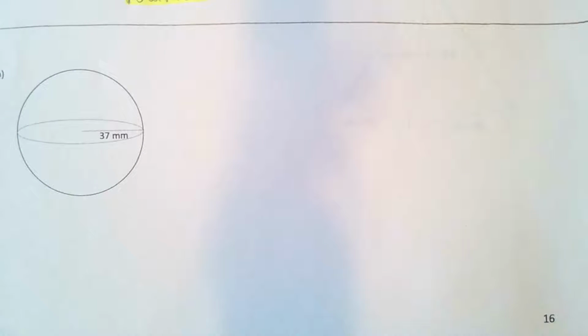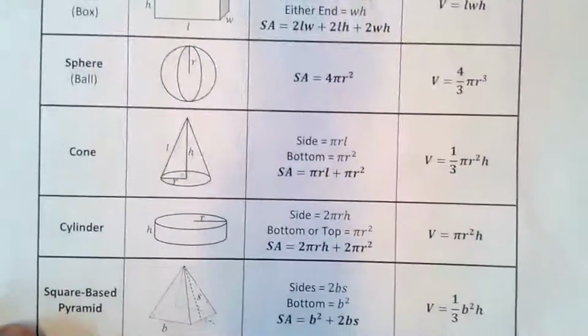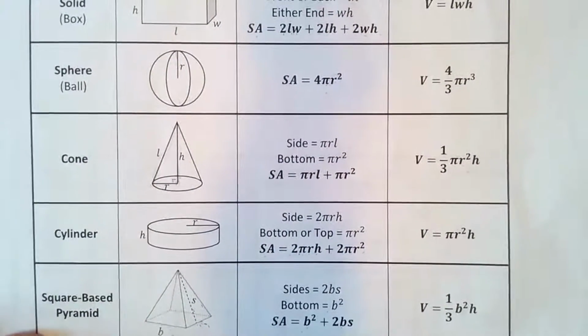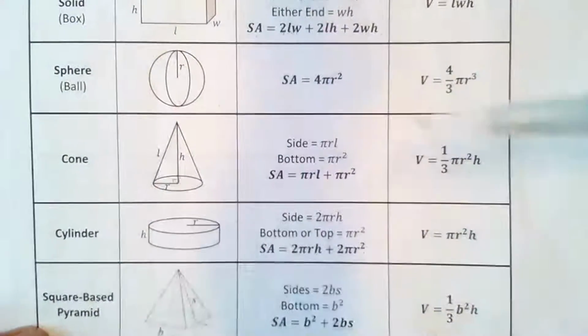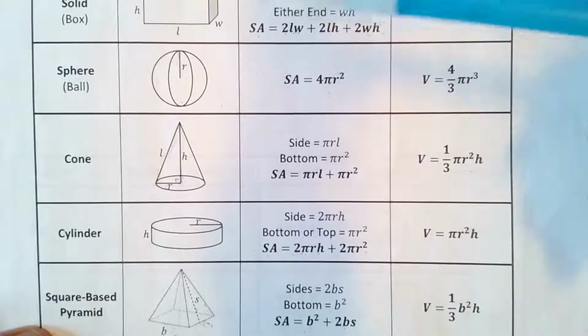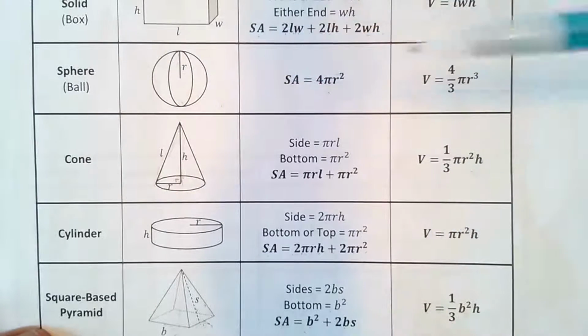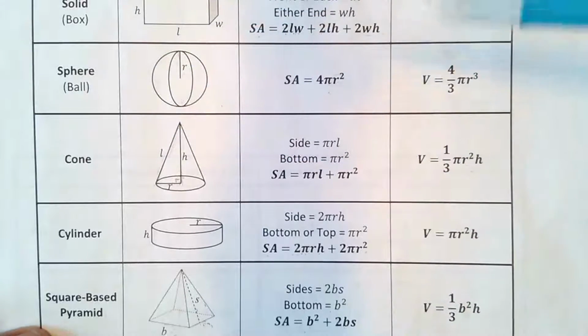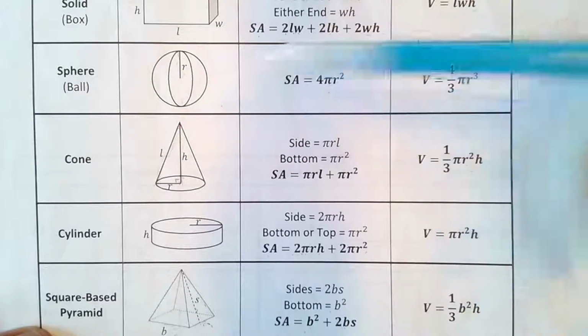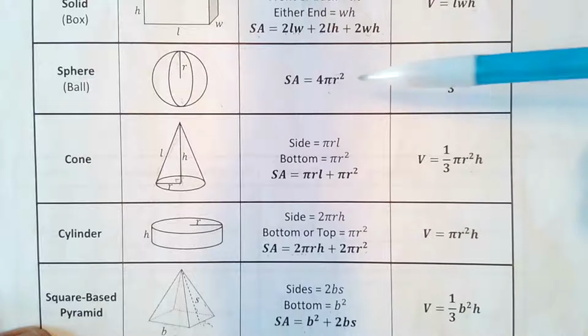So the next example is for a sphere. Now, a sphere is like a basketball or a soccer ball or an orange, more or less round, although sometimes the orange is not as round as you would like, but that's what it is.